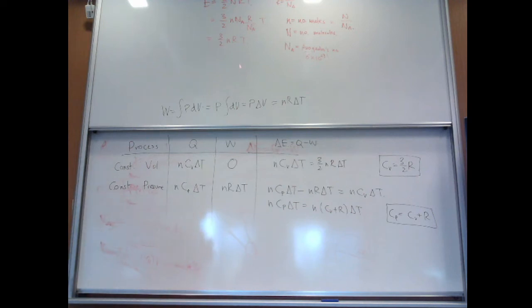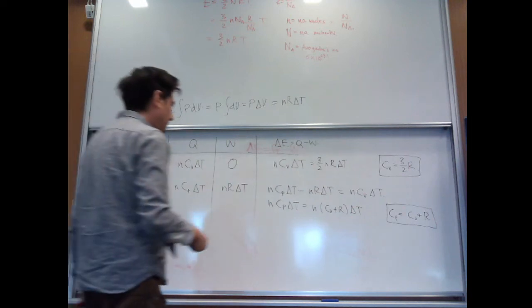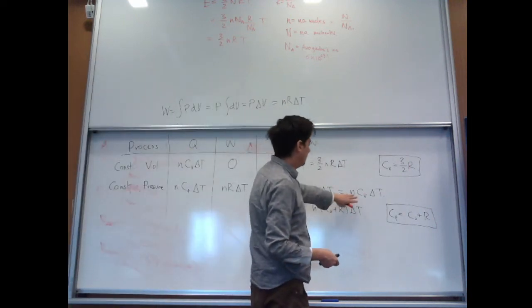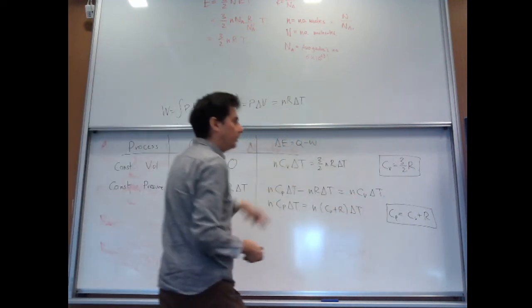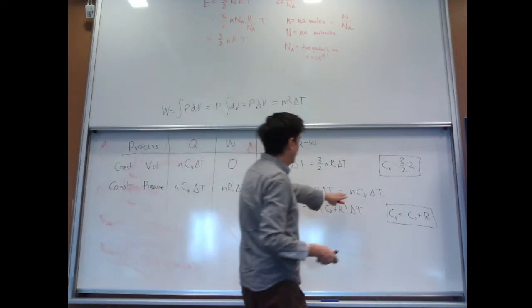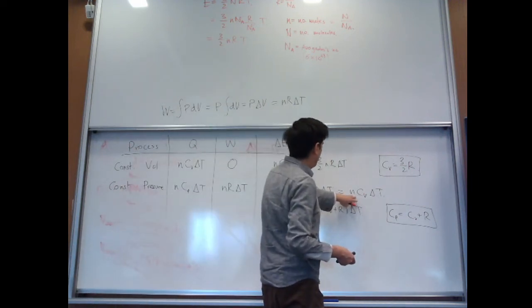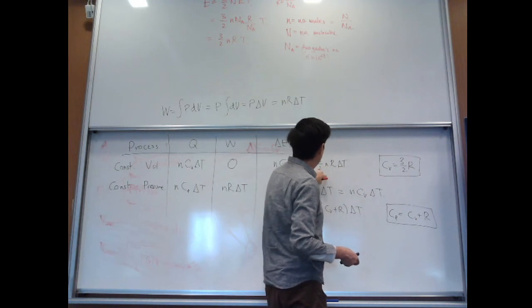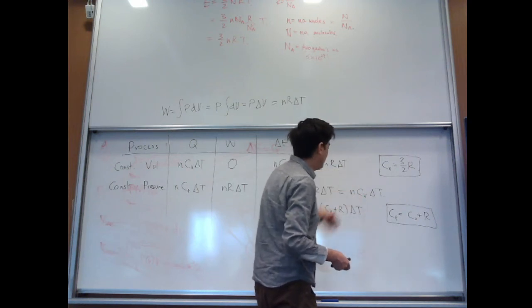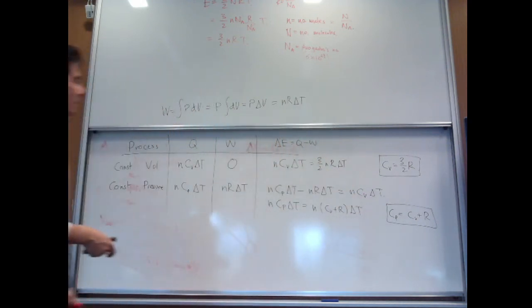The internal energy change should always be equal to that thing. Just for the purpose of what we're doing here, we wrote it as n CV instead of 3/2 nR, but it's basically the same. And so we can deduce that the heat capacity for constant pressure is CV plus R.